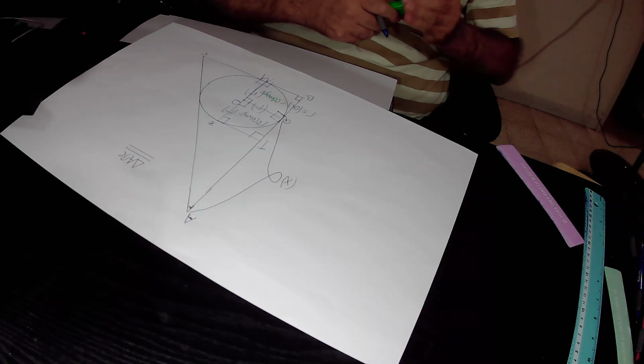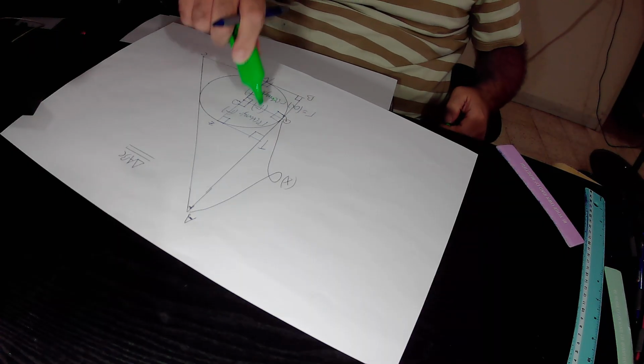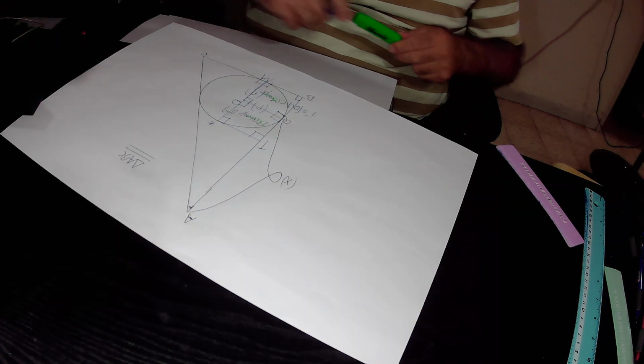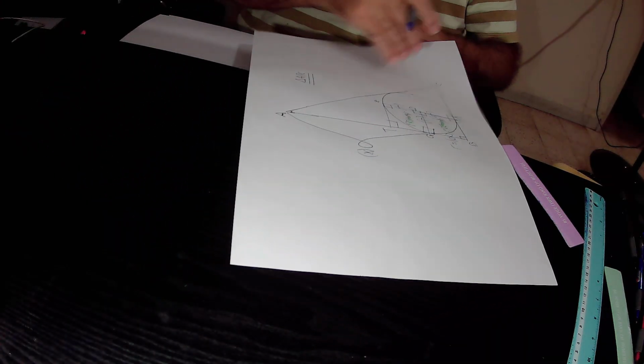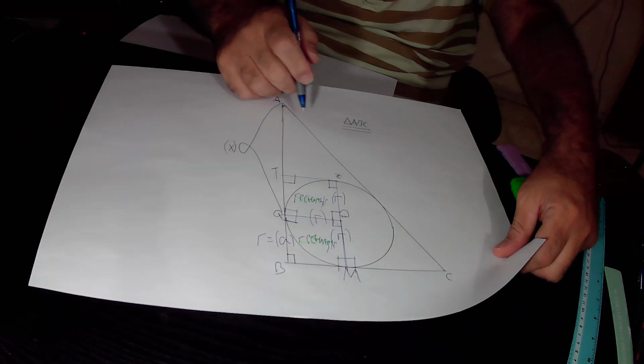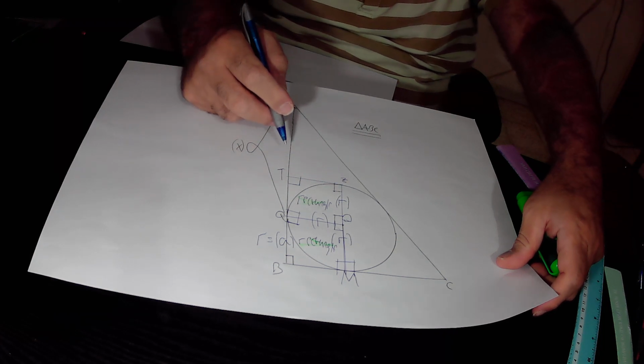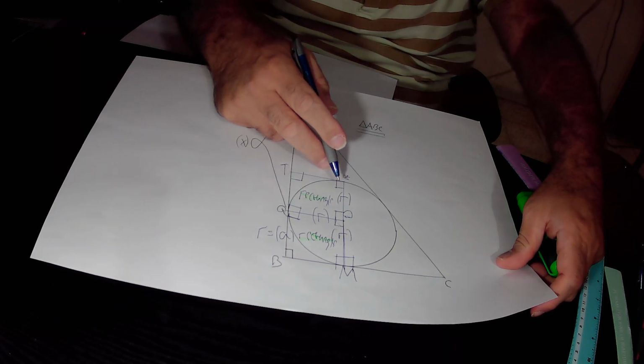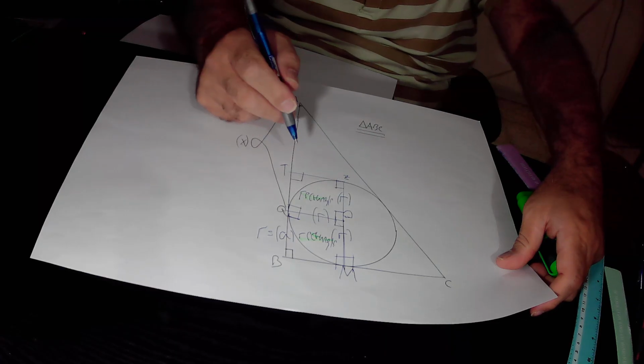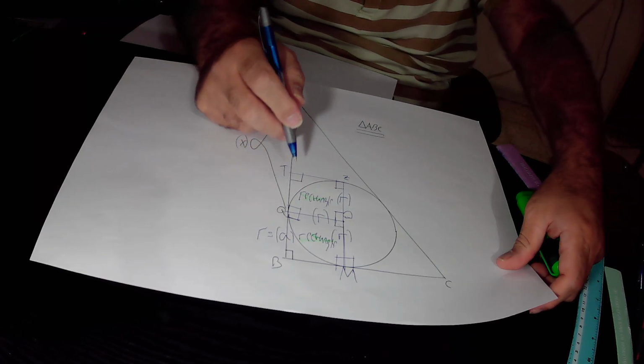But we also know that the opposite sides of a rectangle are equal to each other. So in the upper rectangle TZOQ, side ZO must be equal to the opposite side TQ, but ZO is the radius of the circle that equals R, and therefore TQ must also be equal to R units in its length.